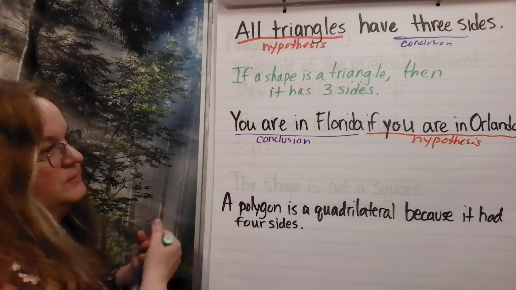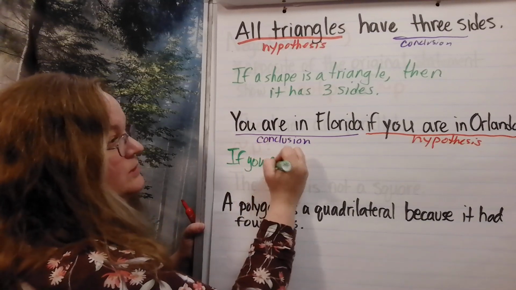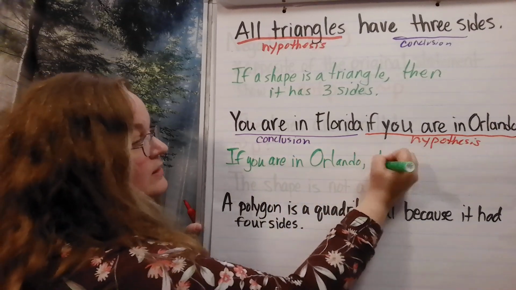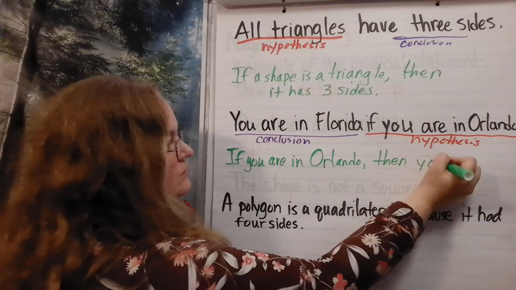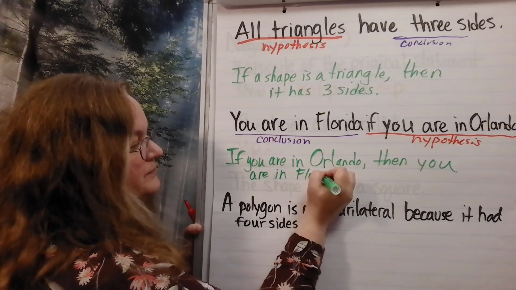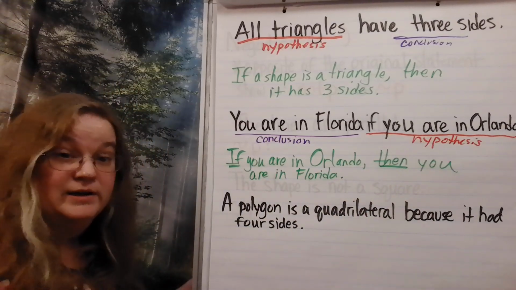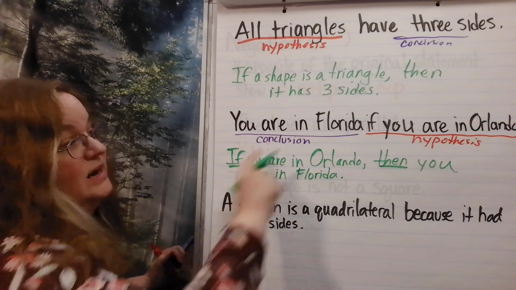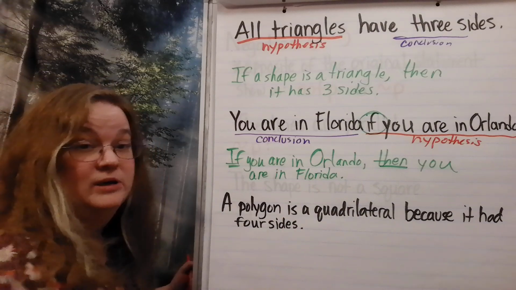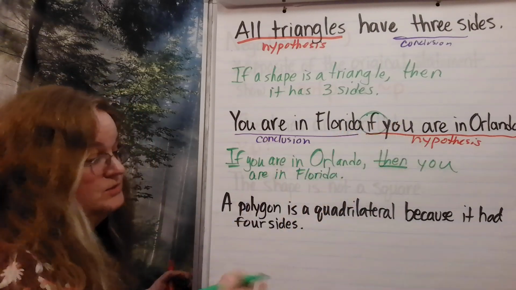I'm going to rewrite it as: if you are in Orlando, then you are in Florida. Again, I've got the if and the then, and that's basically it. I have to make sure I can identify the hypothesis and conclusion. The clue here was the if, that this was the hypothesis and not the conclusion in this case.